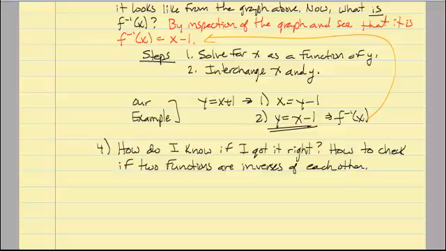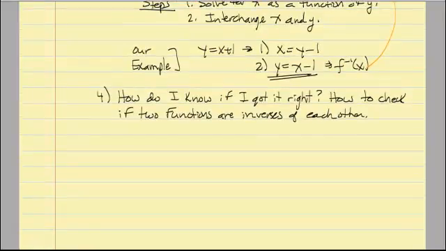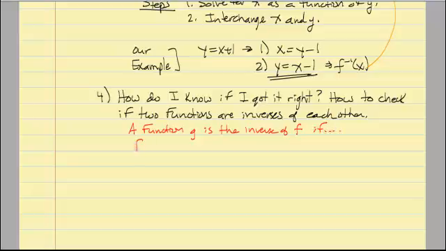So the way we can check is to look at composite functions. The rule is a function g is the inverse of f if both of the following hold true. f of g of x is equal to x, and g of f of x is equal to x.